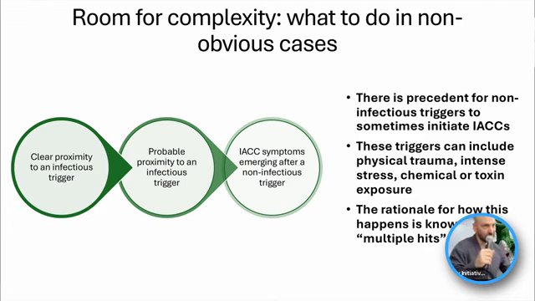And then the next hit, the car accident, the concussion, getting pregnant, whatever the next immune hit was, tipped you over the edge into this infection-associated chronic condition disease state. So that may be going on.